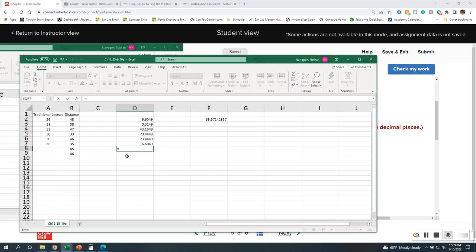And that equals, since all we're doing is trying to find the total, we're going to go ahead and do two formulas. So again, don't forget your power, minus 38.57, comma, 2.